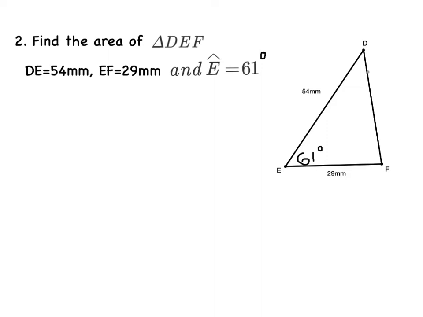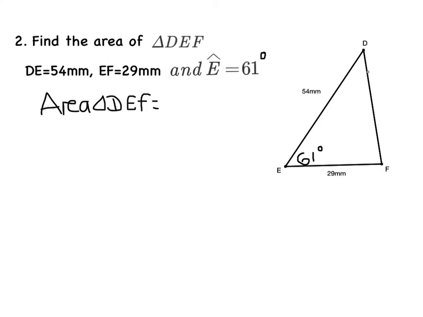In the second example, also really straightforward, but this time we're given different letters just so that you can see what's going on. In this case, we're given little side d, little side f, and the included angle, in other words, the angle between little d and little f, which is angle E. That means that my area, triangle DEF.